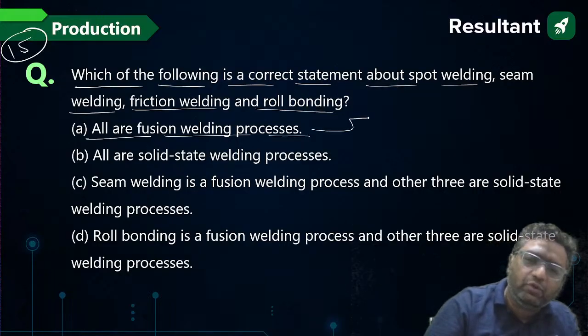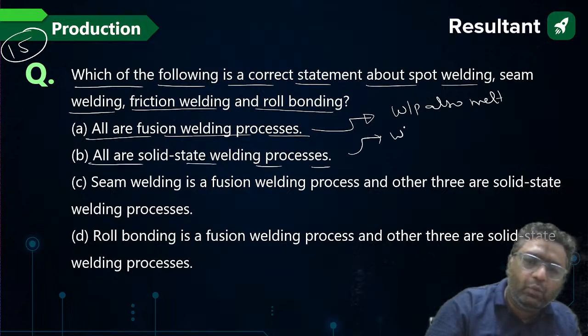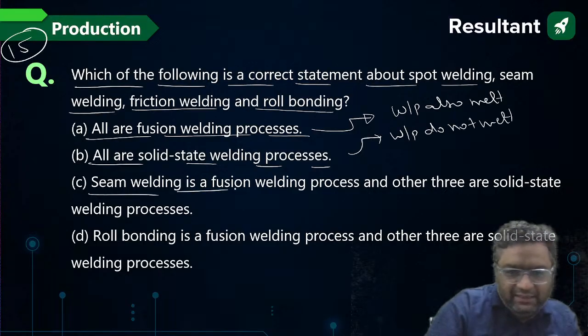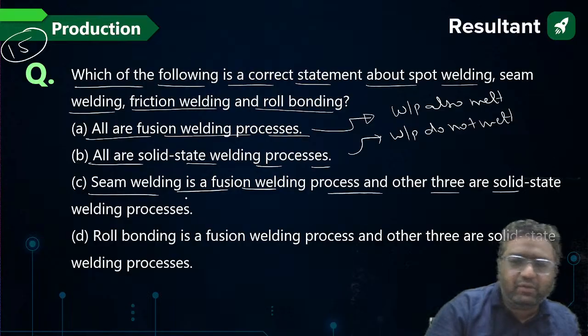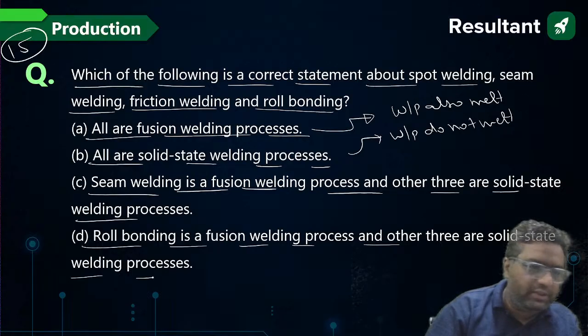Dear, fusion welding processes are those where the workpiece also melts. All are solid state welding processes. Here, the workpiece does not melt. Seam welding is a fusion welding, the other three are solid state. Roll welding is fusion welding, the other three are solid state.